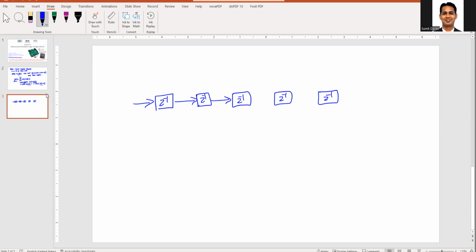I need a shift register because I need to store the past inputs. Then this is your input, my x of t, this becomes x of t minus 1, this becomes x of t minus 2, x of t minus 3, x of t minus 4. And then you will be doing the multiplication.